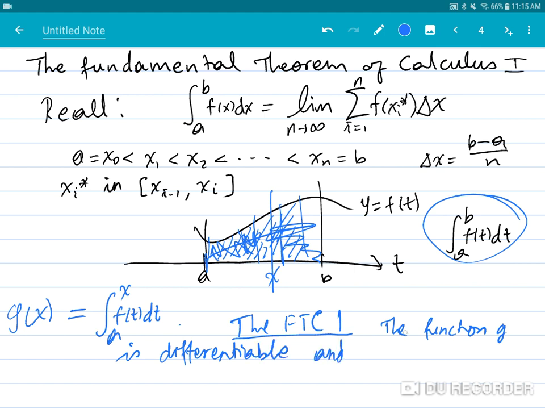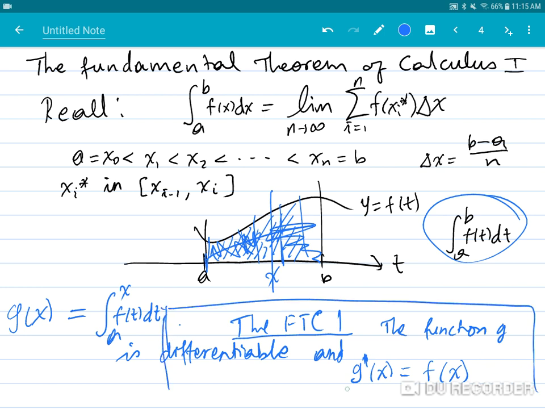And not only do we know it's differentiable, we actually know the derivative of the function. g prime of x is just the function f, replacing t by x. So that's the theorem, all of it. This function is differentiable, and the derivative is f of x.